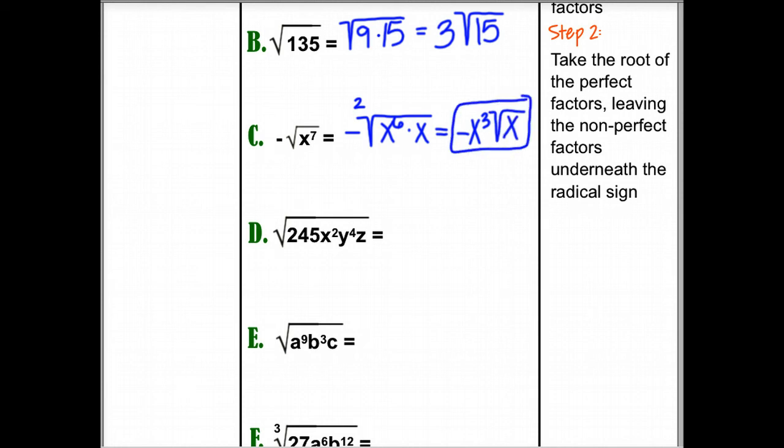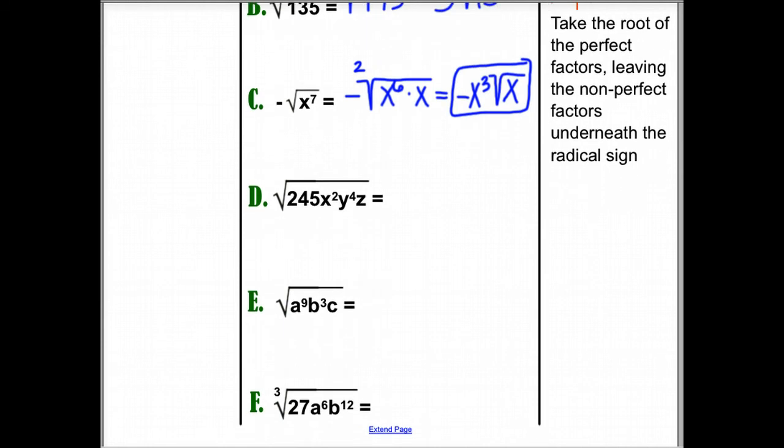Let's move on to something a little more complicated that has both numbers and variables there. I know it's not divisible by 4 because it's odd. I know that it's not divisible by 9, because if I take 245 and add 5, 4, and 2, I get 11. And then I look and say, all right, is it 16?